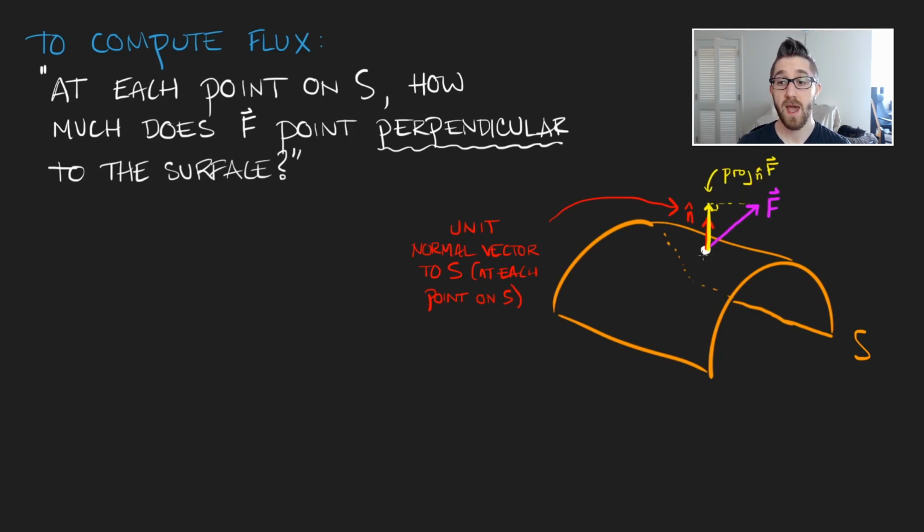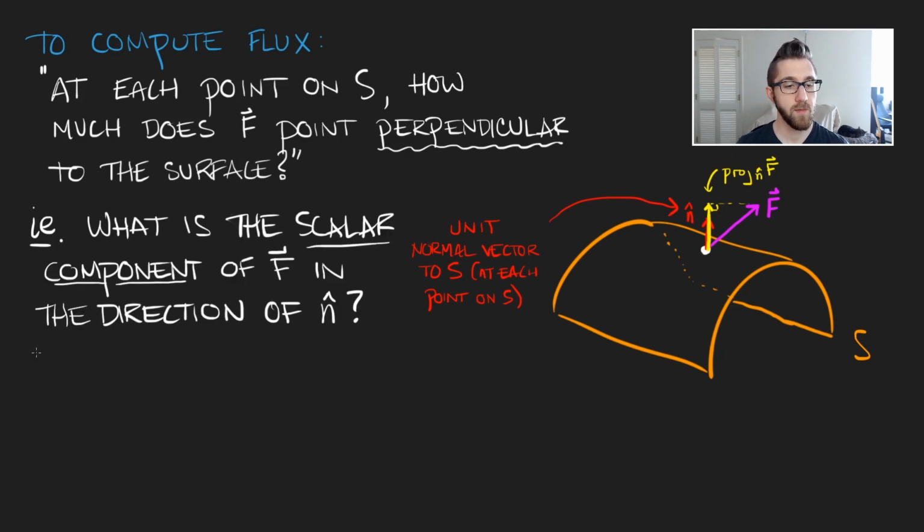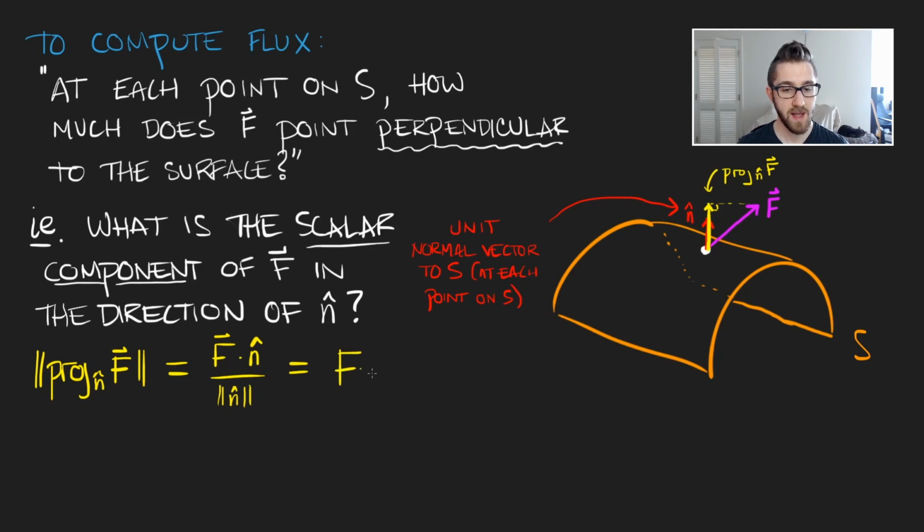So all of that to say, at every point, what we're trying to compute is the scalar component of this vector field f onto the normal direction to S. Okay, now remember maybe from a while ago that if we want to find the scalar component, which you could also write as just the magnitude of the projection of f onto n, we take the dot product of these two vectors, and then we divide by the magnitude of the vector that we're projecting onto. But since n is a unit vector, this is just f dot n.